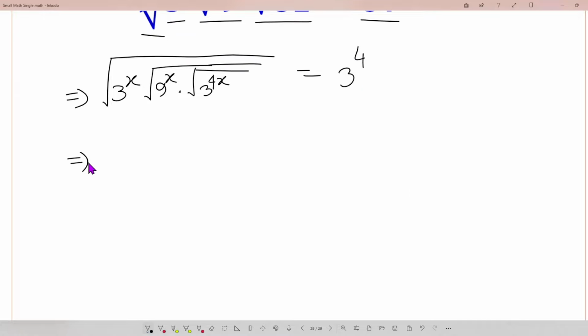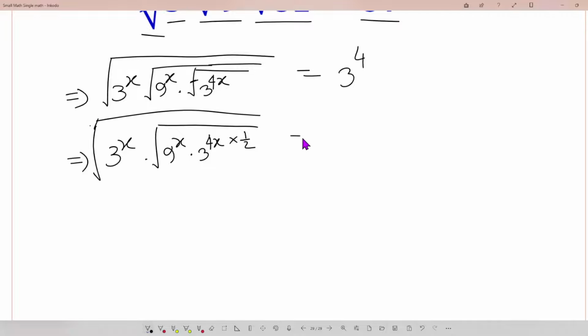Now 3 to the power x times root of 9 to the power x times, here is 3 to the power 4x, against this root we can write times 1 by 2, and whole root equals 3 to the power 4.